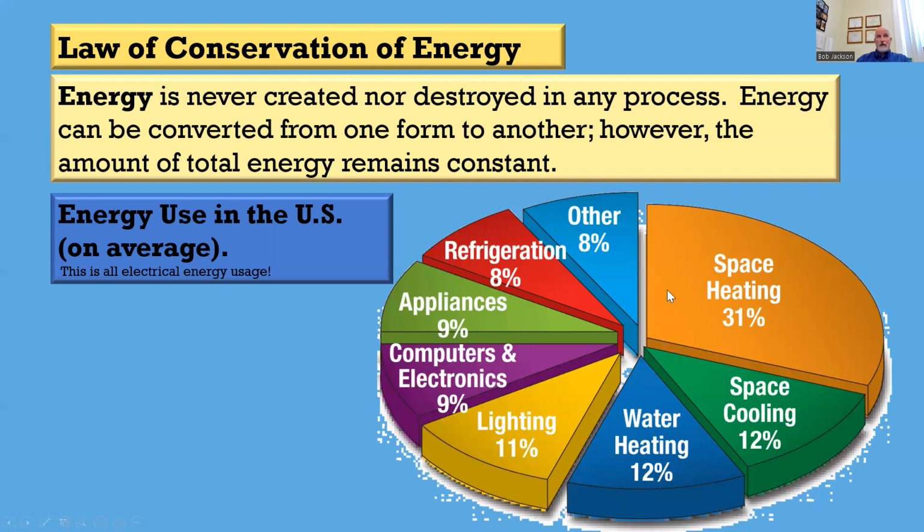Getting control of them can save us lots of money, whereas these other items use energy, but not nearly as much. That's where the kiddos think, well, then I can just plug in my computer 24 hours a day. It doesn't use that much electricity, but it does. Lighting used to be one of the higher ones until LED lights came out. So I would push more for your kids to understand the things that use energy, and that costs us.